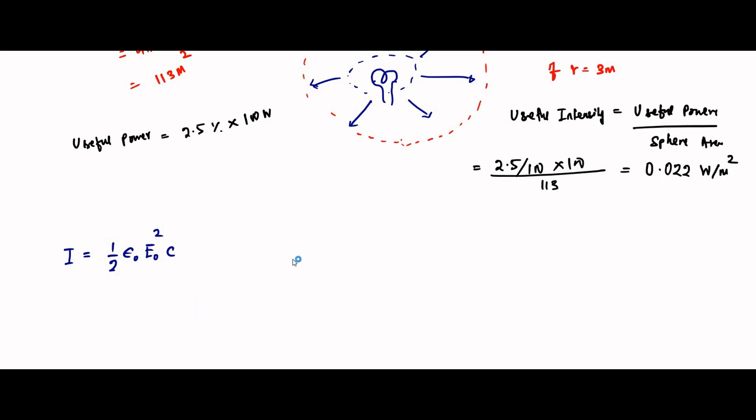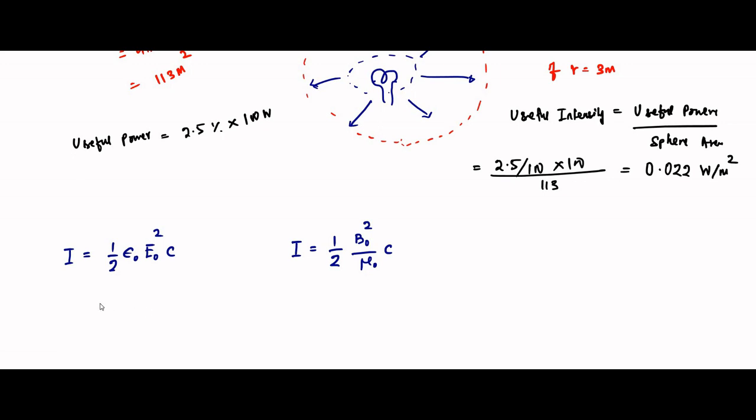That is in terms of electric field. Another alternative expression is 1 by 2 B0 square, that is the peak magnetic field, amplitude of the magnetic field, by mu 0, which is the absolute permeability, multiplied with C. Epsilon 0 is the absolute permittivity.